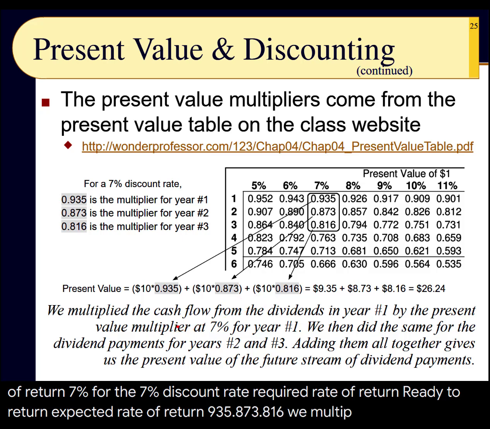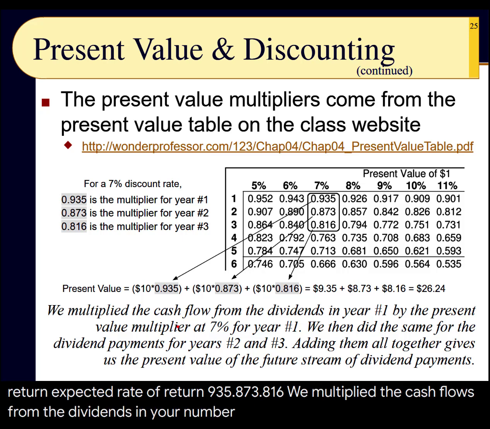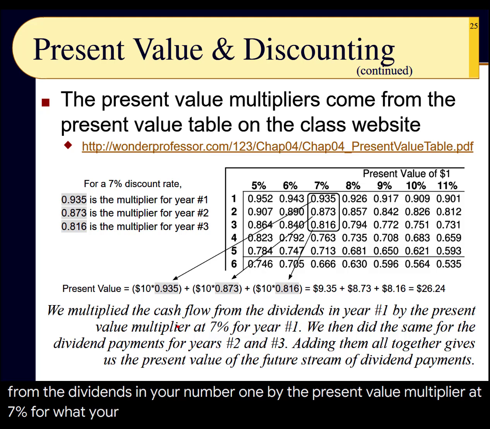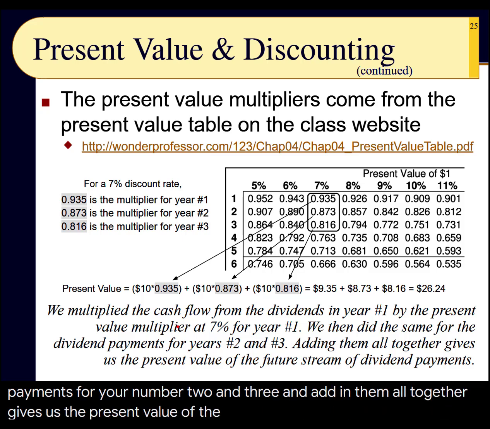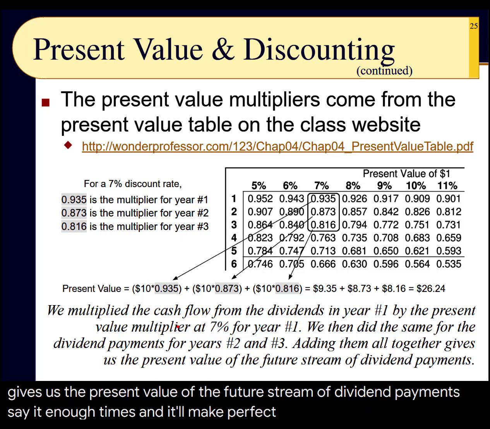We multiplied the cash flows from the dividends in year number 1 by the present value multiplier at 7% for year number 1. We then did the same for the dividend payments for years number 2 and 3, and adding them all together gives us the present value of the future stream of dividend payments. Say it enough times and it'll make perfect sense.